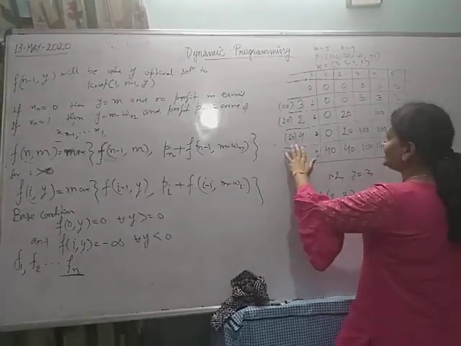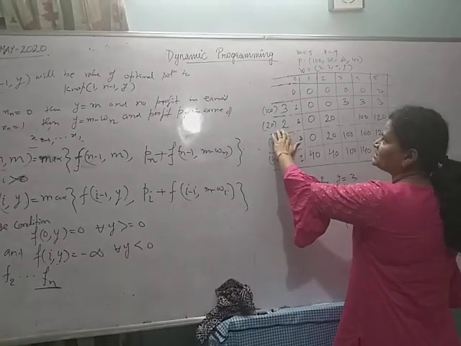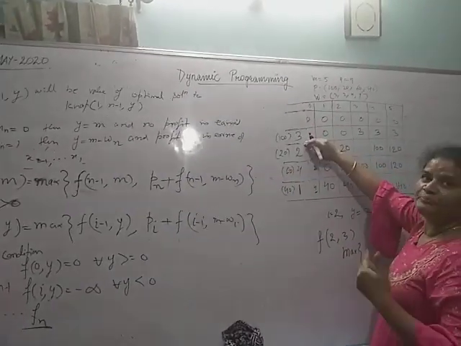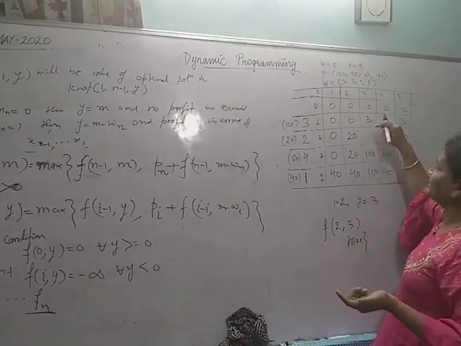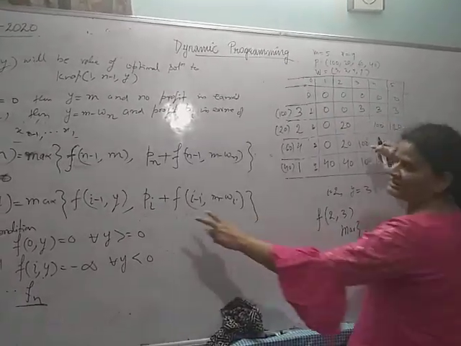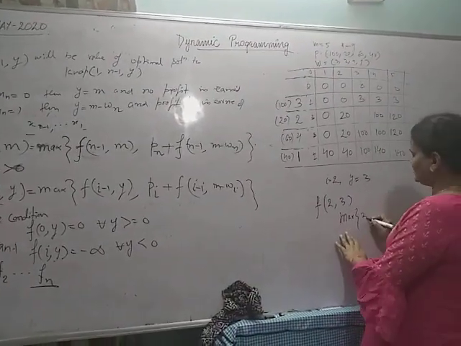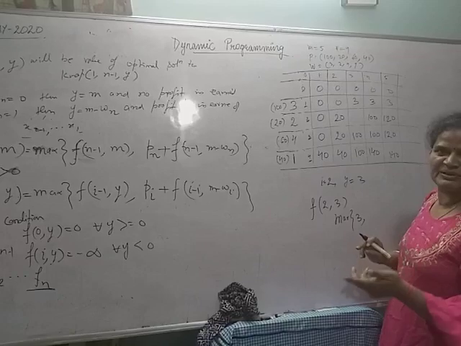If the second object is excluded, then the previous value of the profit will be copied here, that is f(i-1, y). Simply, this entry is 3, that is the previous one.